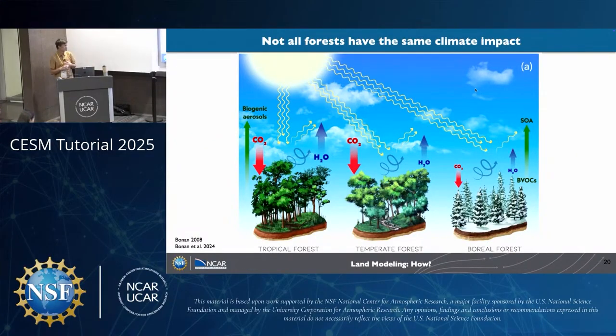So this is taken from a couple of papers that Gordon wrote, the most recent of which came out last year. Looking at tropical forests, they're tall, so they have a high roughness length. They also tend to be dark, and they absorb lots of CO2. They also produce lots of biogenic aerosols, so BVOCs, whereas boreal forests tend to be snow-covered more of the time.